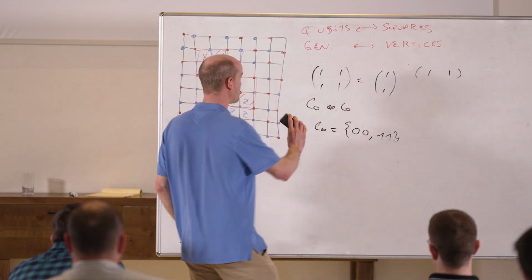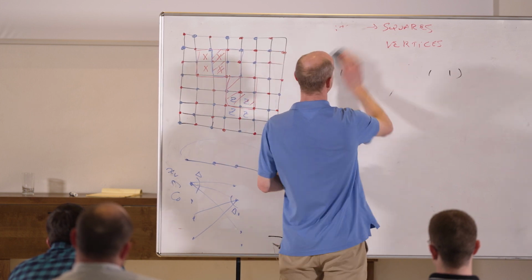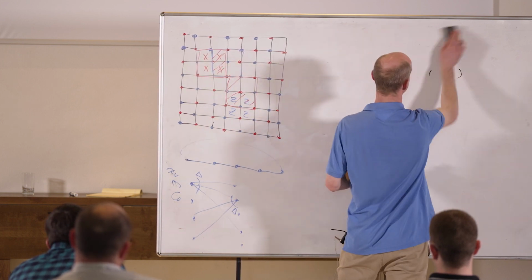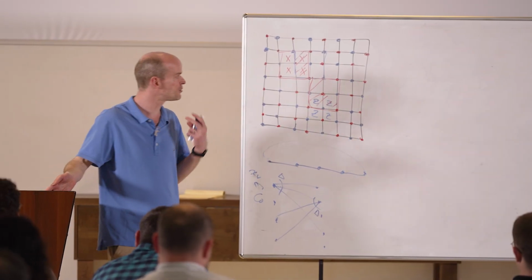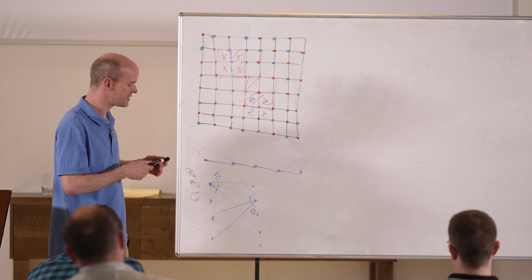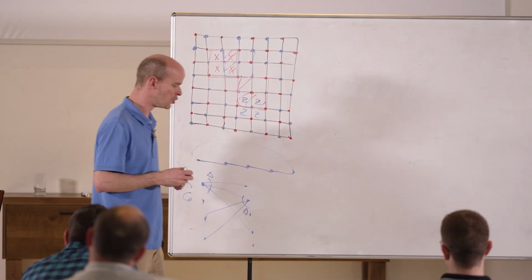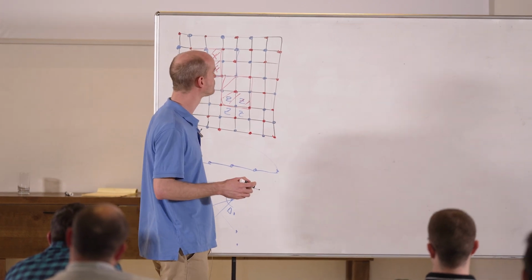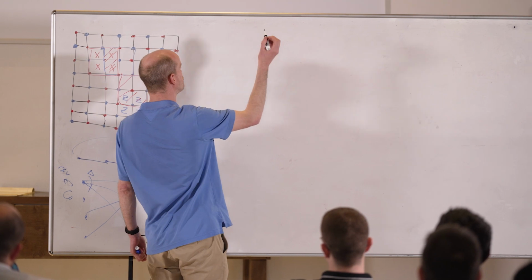So this is the part where it gets a little bit tricky. I need to define first the complex. The complex is this combinatorial object with vertices, edges, and squares. The way we can define it is by taking a group.